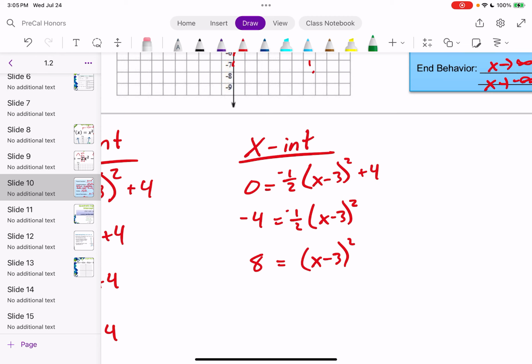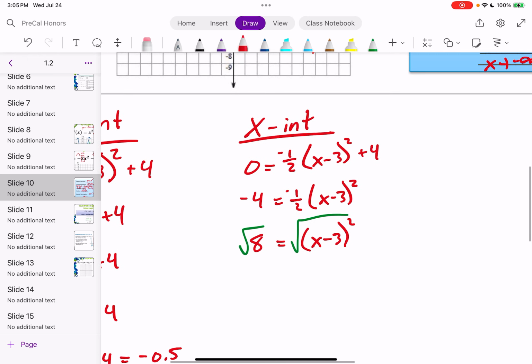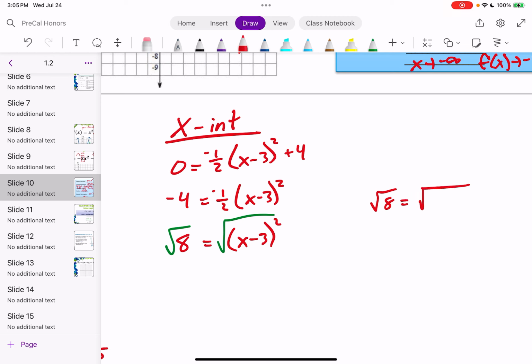We need to do the opposite of a square, which is a square root. Now, just in case you're not too familiar with it, the square root of 8 is the same thing as the square root of 4 times 2. That would leave you with 2 square root of 2.